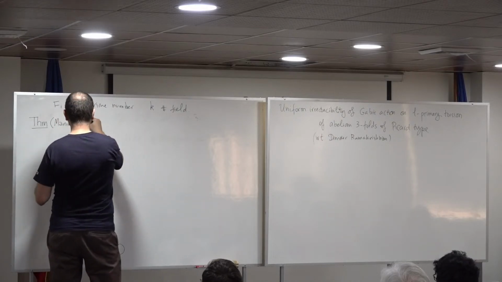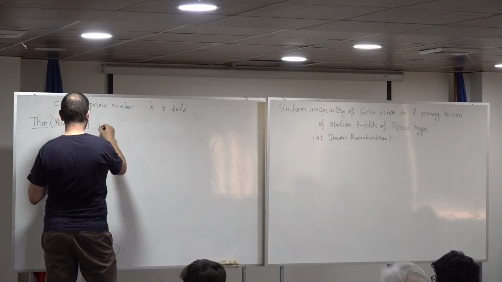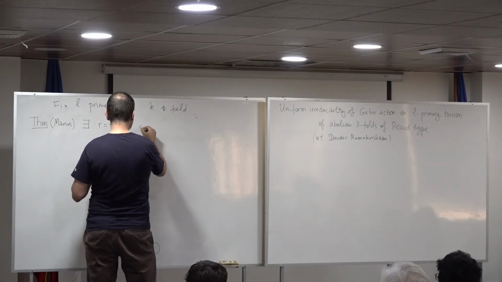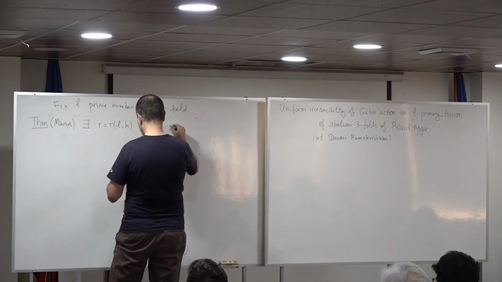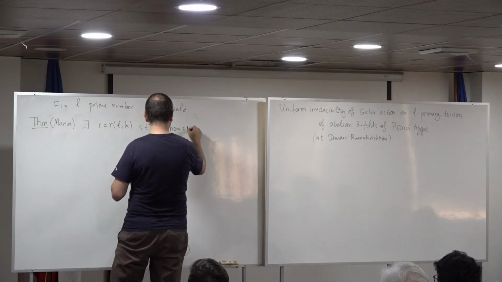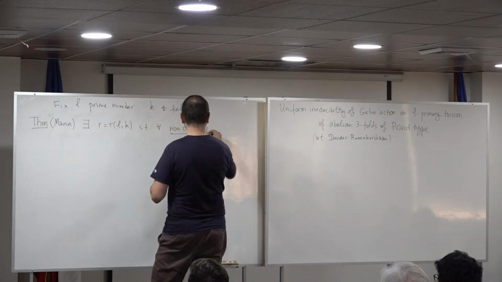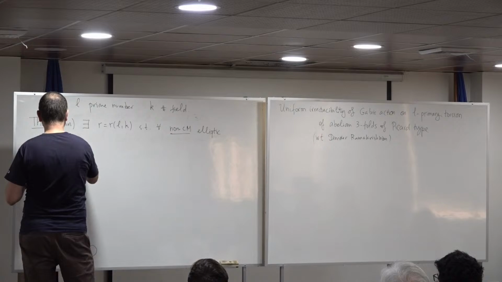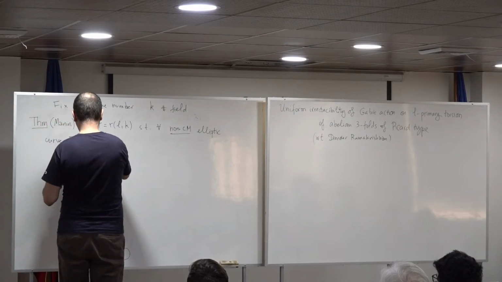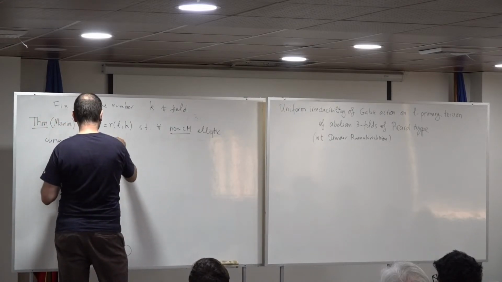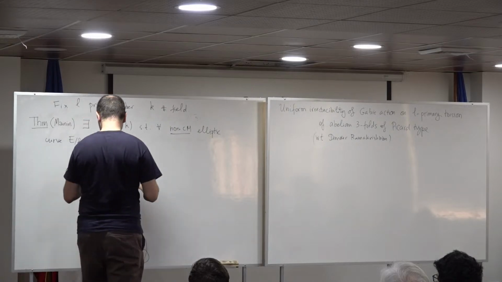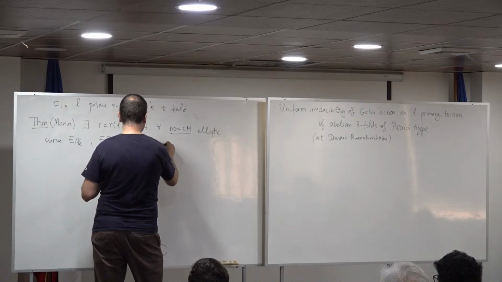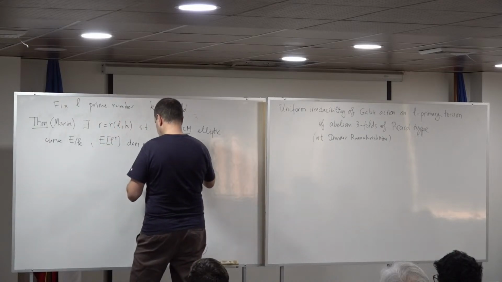It says that there exists an R which only depends on L and K, such that for any non-CM elliptic curve E over K, and that's important, non-CM, E[L^R], the L to the R torsion, does not contain a K-rational line.